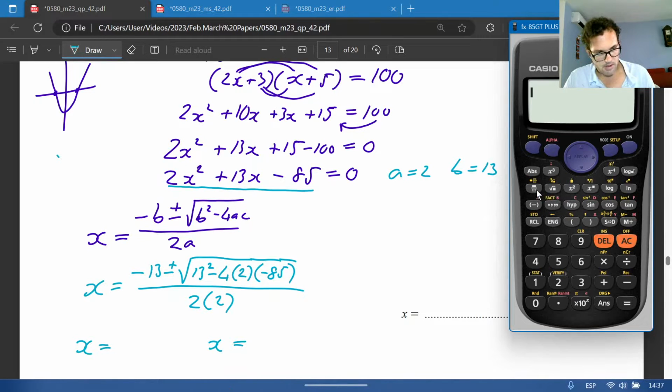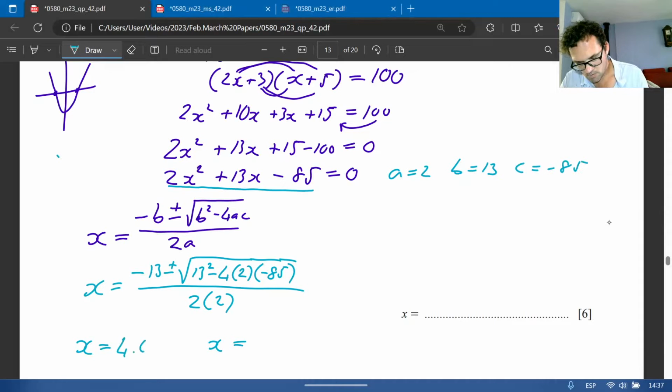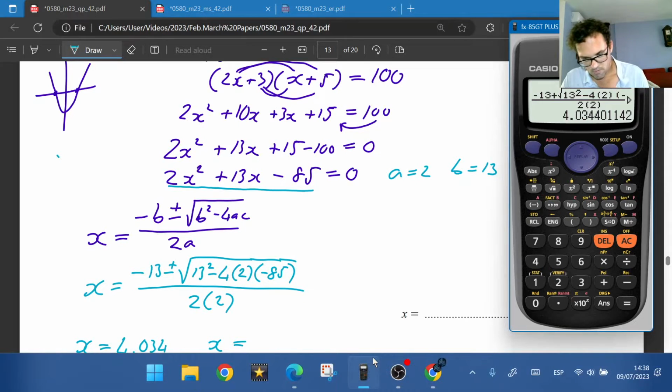Let's put it in the calculator. Start with the positive one. And we get 4.034 etc. Yeah.